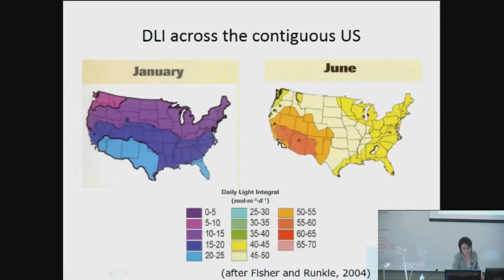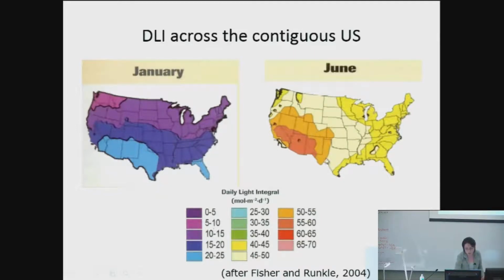Also, if you go to this area, it's only 5 to 10 moles per square meter per day. So maybe you don't even grow lettuce in that climate. In that case, it might make sense to grow completely indoors. Otherwise, you need to put too much lighting in a big greenhouse. So it helps to decide what growing capacity they have.